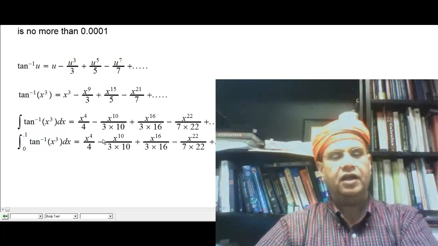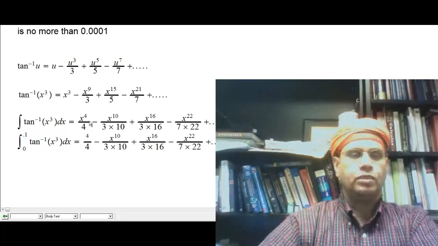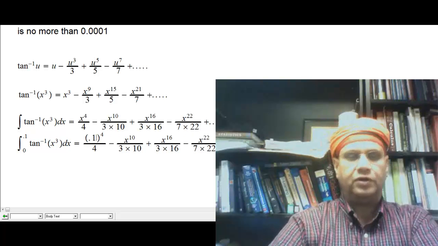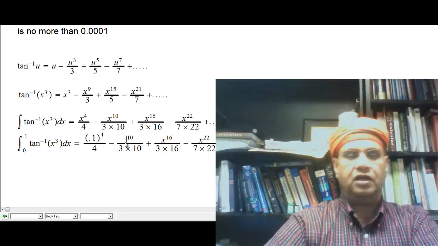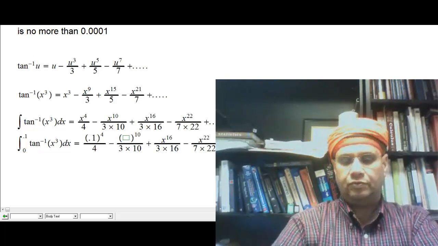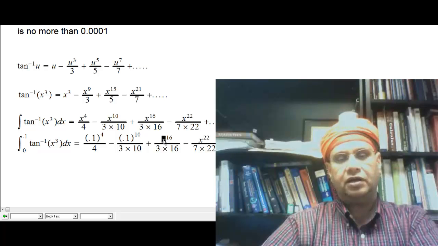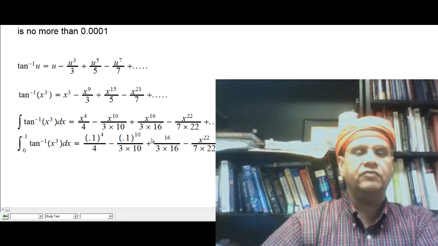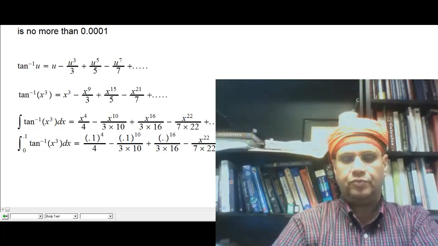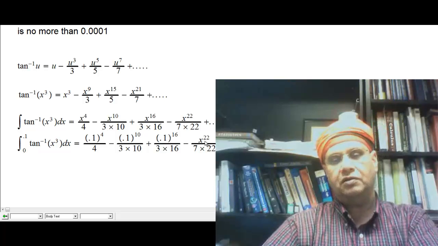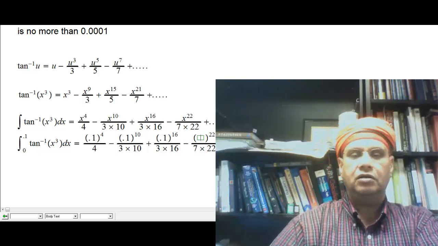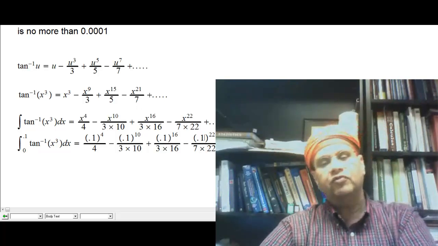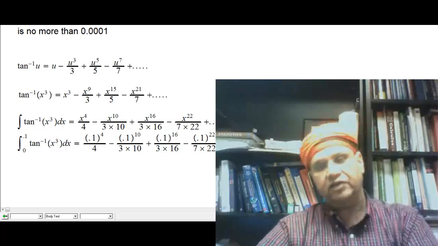So here we have 0.1 to the power 4, then 0.1 to the power 10, and here 0.1 to the power 16. We will go for more terms if needed.